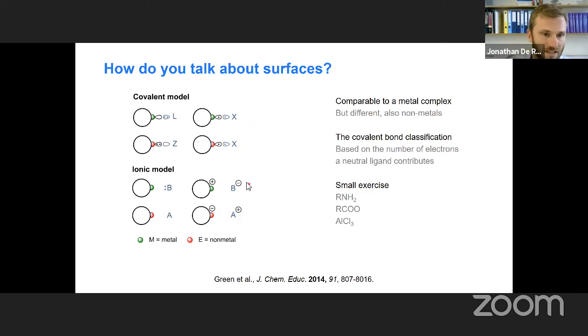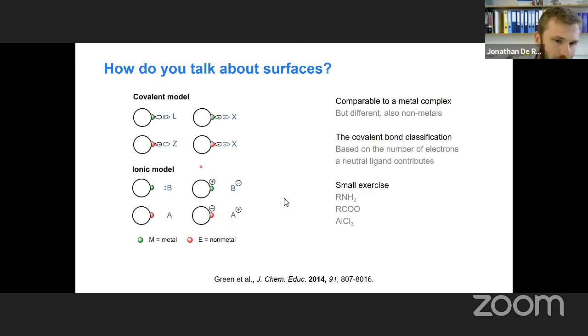One translates in the ionic model into a charged base, like a carboxylate, interacting with a metal. Or one that translates into a positively charged acid. And here an example is a proton, because that's interacting with the non-metals on the nanocrystal surface.